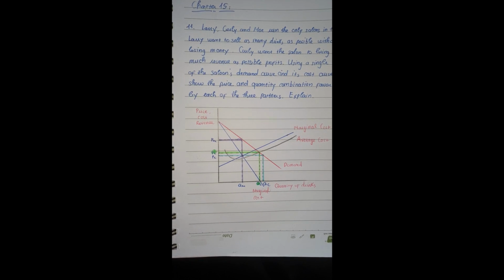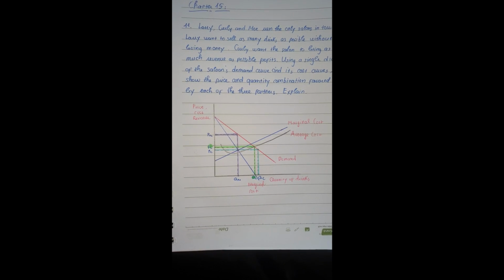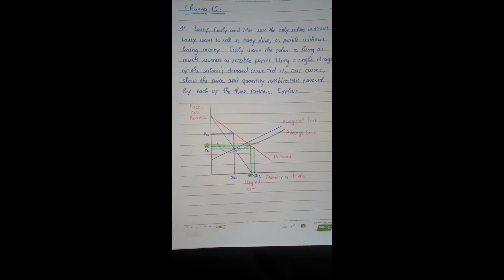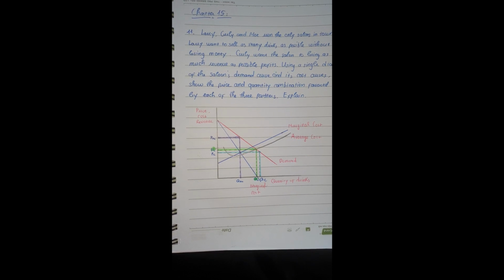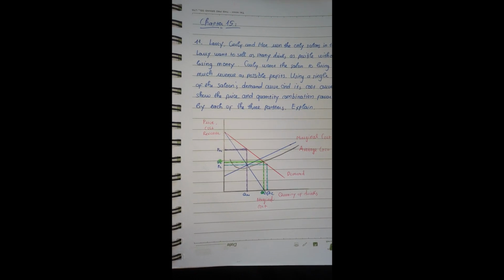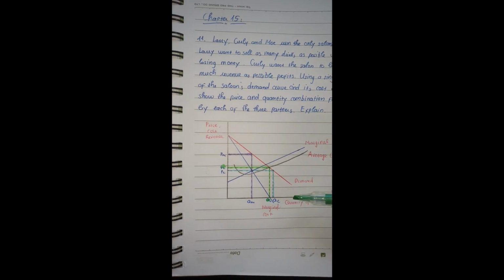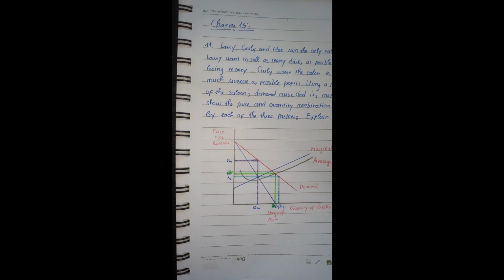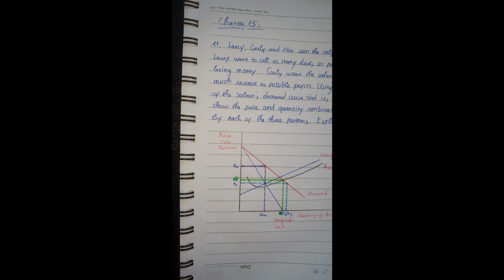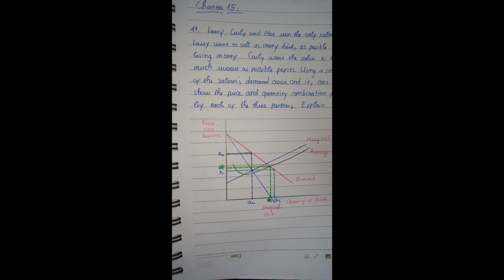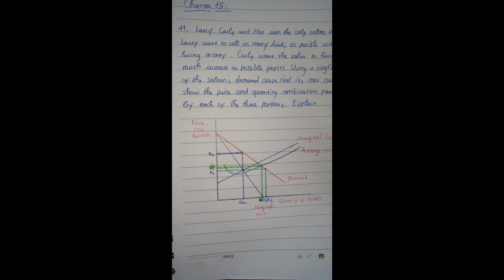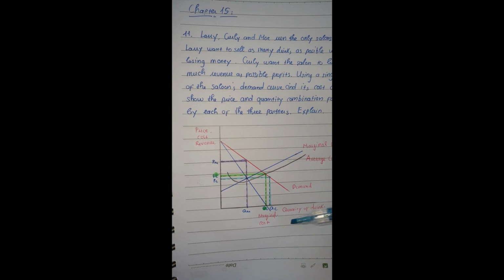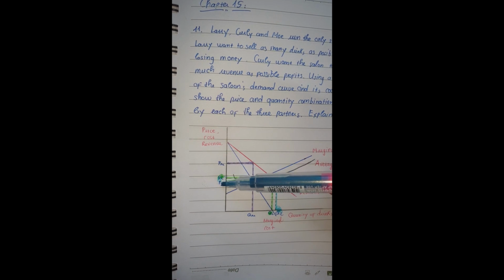Larry wants to sell as many drinks as possible without losing money. So he wants to set the quantity where price, meaning demand, equals the average cost, which occurs at quantity QL and price PL. Curly wants to bring as much revenue as possible, which occurs where marginal revenue equals 0 at quantity QC and price PC.